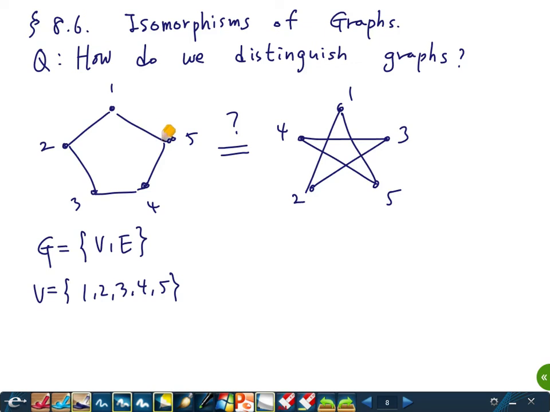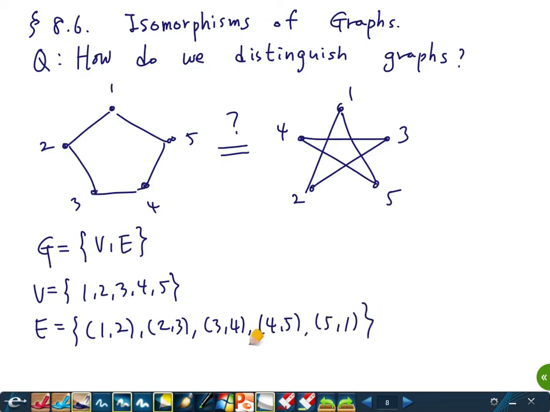We only focus on the abstract sets, V and E. So what is E? 1 is connected to 2, 2 is connected to 3, 3 is connected to 4, 4 is connected to 5, and 5 is connected to 1. The ordering doesn't matter, so it's fine if you write 1 and 5. Let's say this is G and this is H.